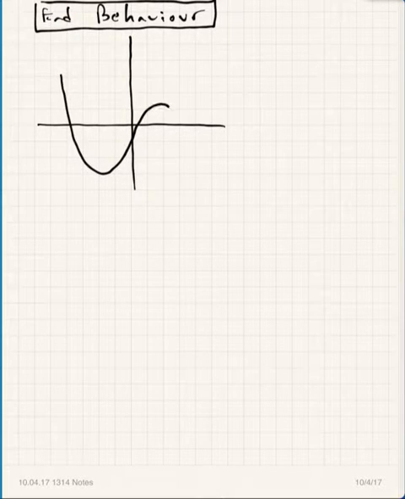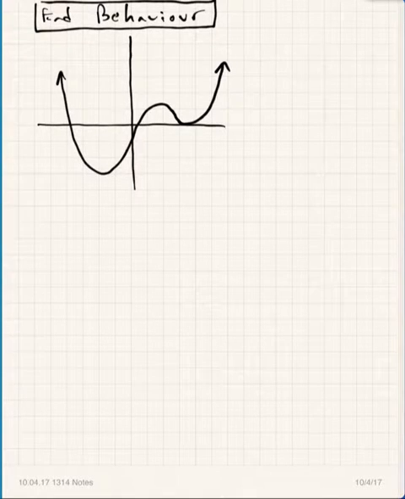What I'm talking about with the end behavior of a polynomial function is this. If you have a graph that looks like this one right here, the end behavior is basically what the graph is doing on the ends of the graph, so to speak, away from the intercepts.